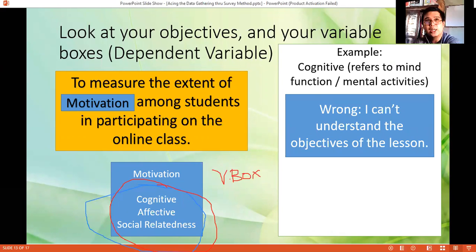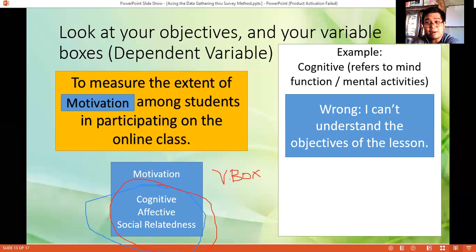Why? In doing a survey, as much as possible, we want to be neutral. The statement should not directly lead or influence the respondent. It should not spark a fire of bias on the part of the researcher in writing the survey statements. Okay?